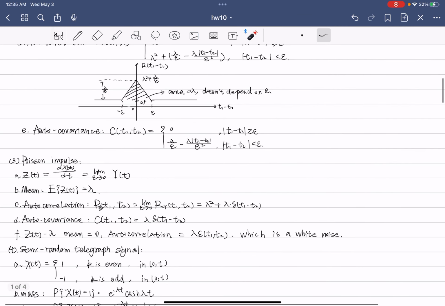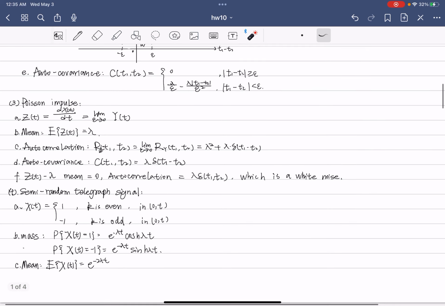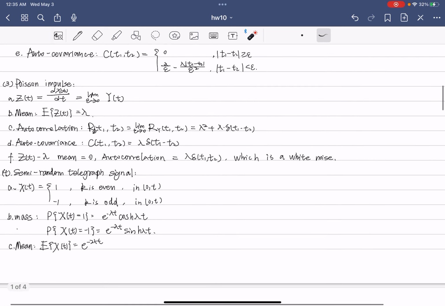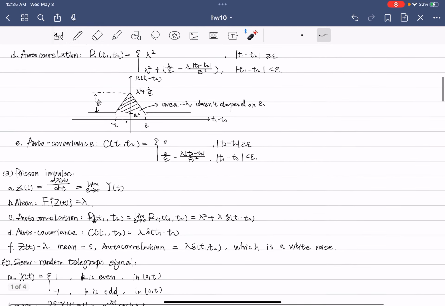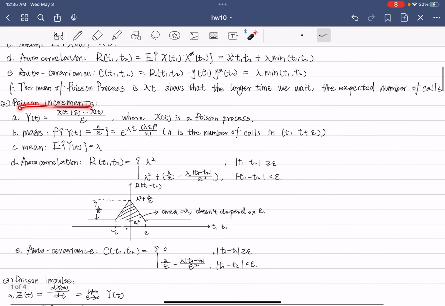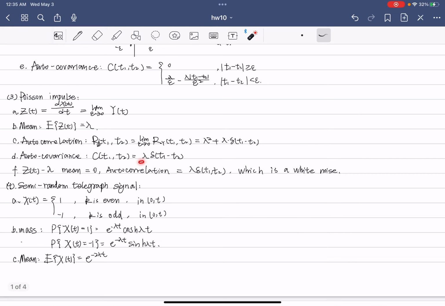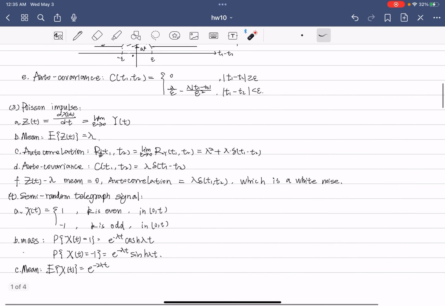So the mean of the Poisson impulse is still lambda. The autocorrelation, when epsilon goes to 0, from the autocorrelation of Poisson increments, equals lambda squared plus lambda times delta(t1 minus t2). The autocovariance equals lambda times delta(t1 minus t2).